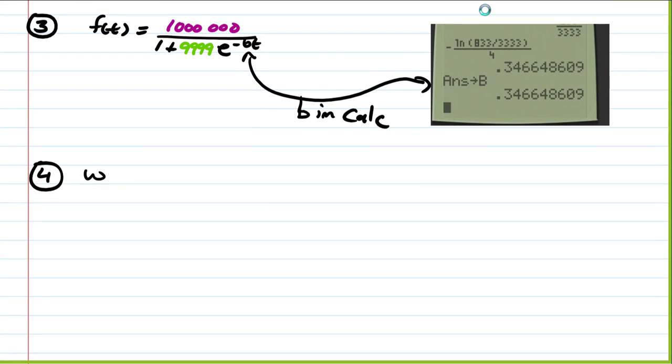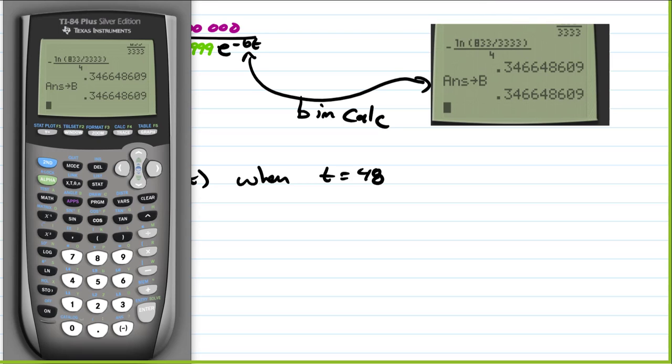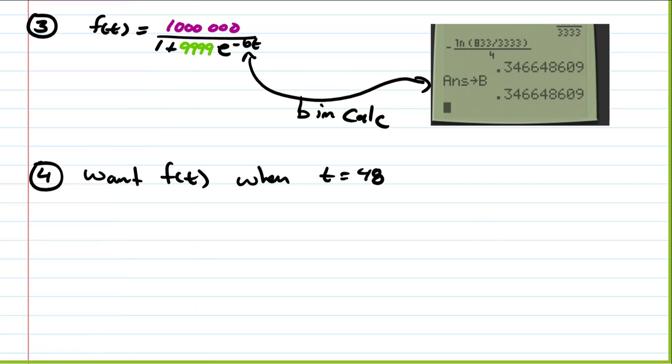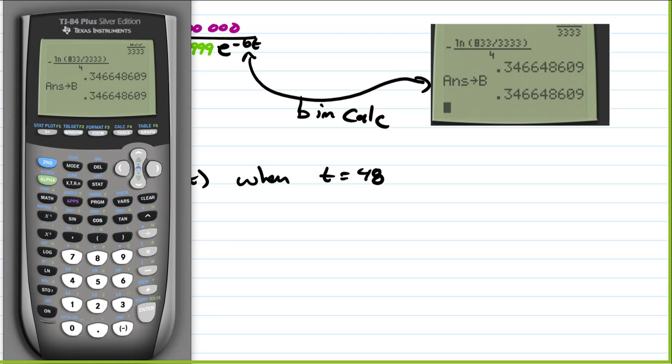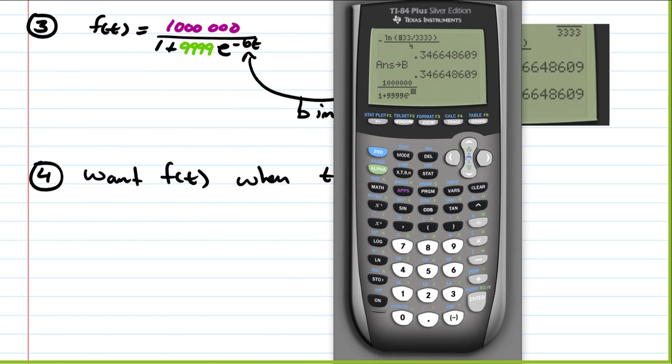So we want f of t when t equals 48. So we're just going to put that into our equation. So we're going to have 1 million divided by 1 plus 9,999 times e raised to the negative b times 48.